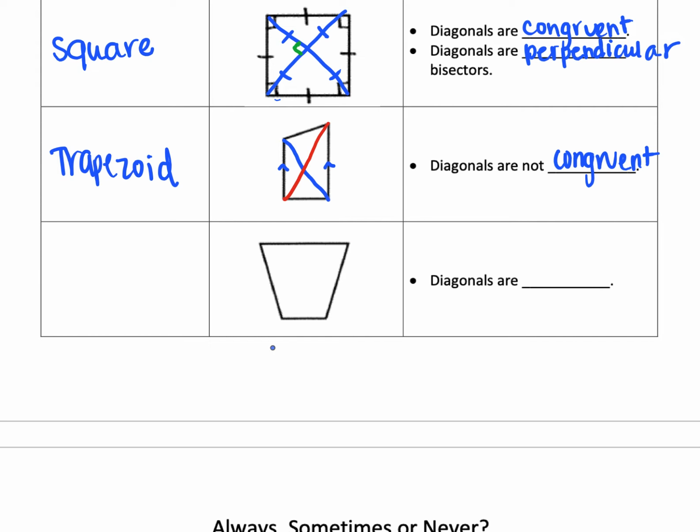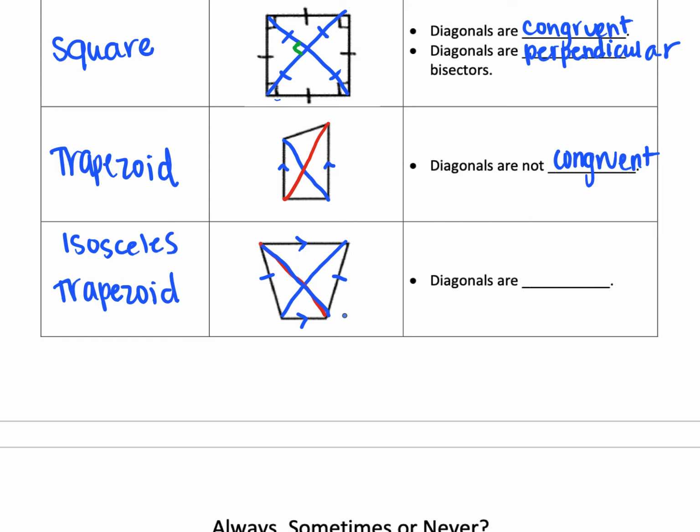Now, the only kind of special trapezoid we have is an isosceles trapezoid. So notice we have our bases that are parallel here, but our two sides that are congruent. So this is called an isosceles trapezoid. And in these special types of trapezoids, when you go ahead and draw the diagonals, I'm going to make them the same color, those are actually going to be congruent.